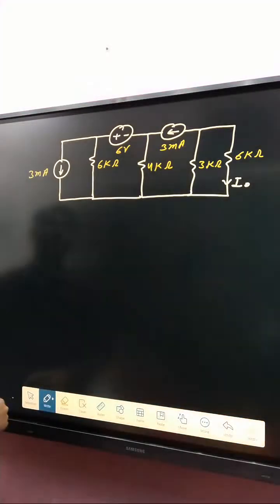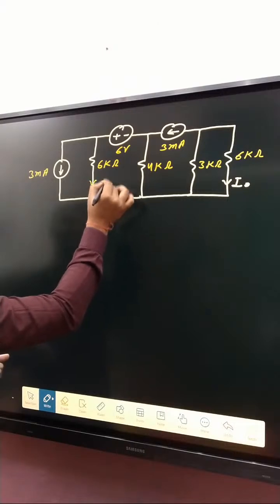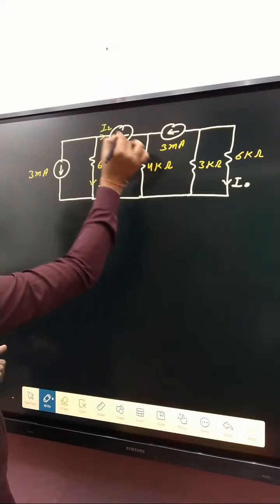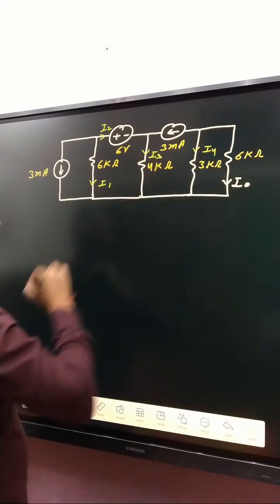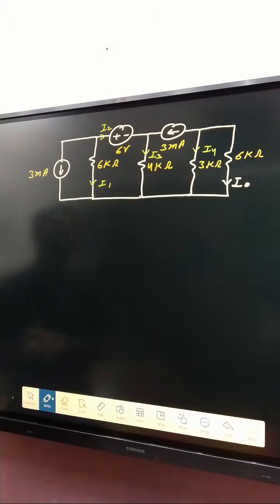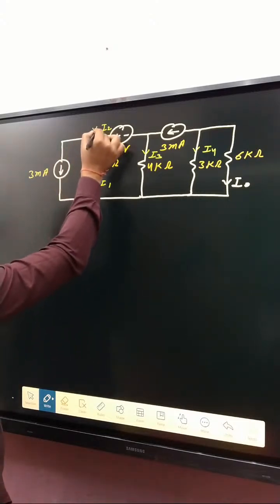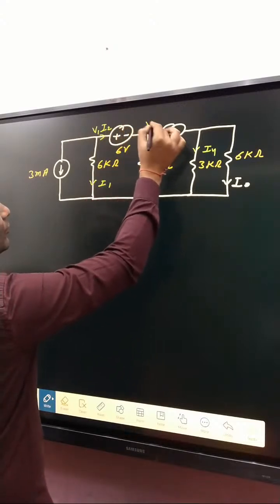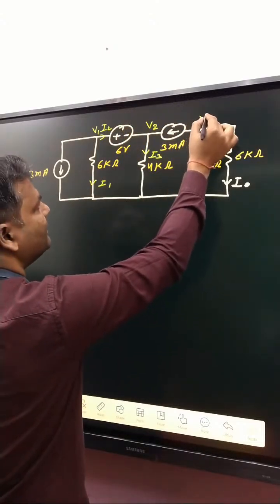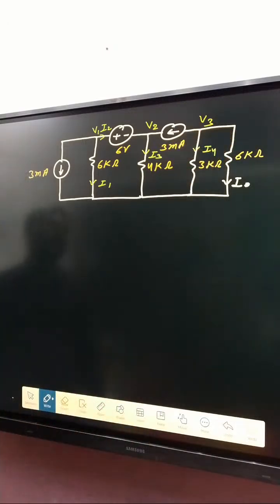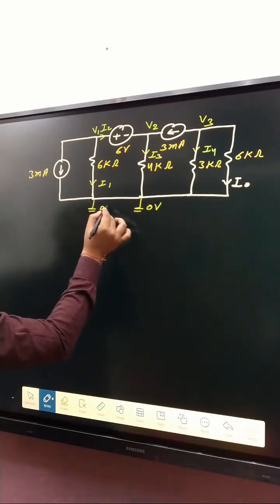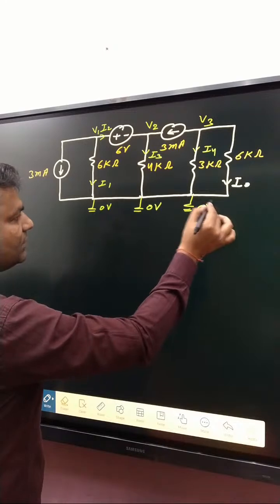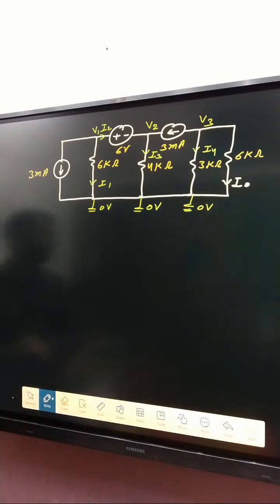First of all, we consider branch currents: here I1, here I2, here I3, here I4, and here already given V naught, I naught. That one is node voltage V1, after that node voltage V2, and that one is V3, and that one is V4, and this one is the datum node, so this one is also 0 volt, and that is also 0 volt. Clear or not?